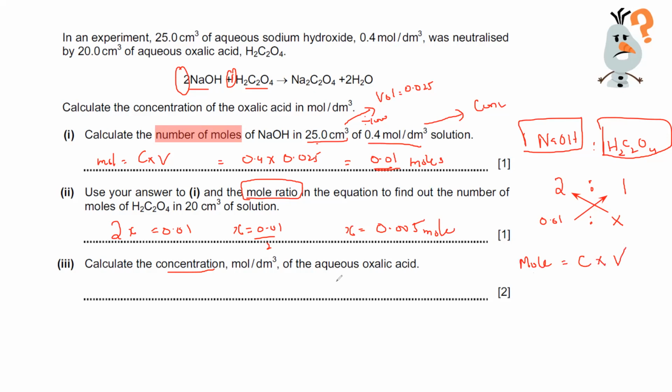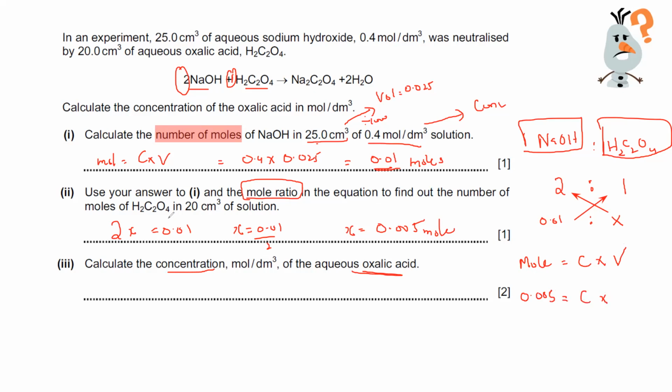I told you that in moles the questions are interrelated. How many moles did we get for oxalic acid? We got 0.005 moles of oxalic acid, and we are finding the concentration.